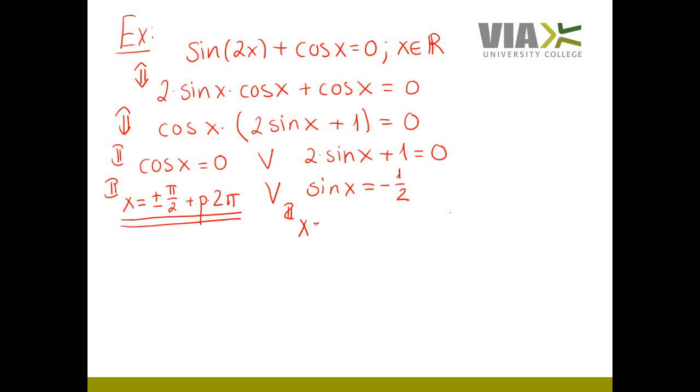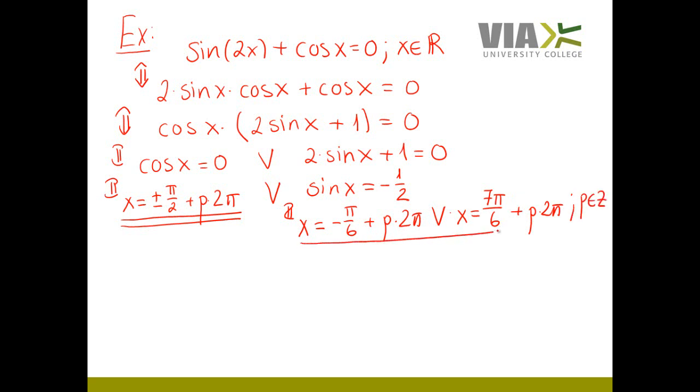So x must be equal to inverse sine minus 1 over 2, which is minus pi over 6 plus p times 2 pi, or x equals pi minus minus pi over 6, which is 7 pi over 6 plus p times 2 pi, and for both solutions p of course has to be an integer.